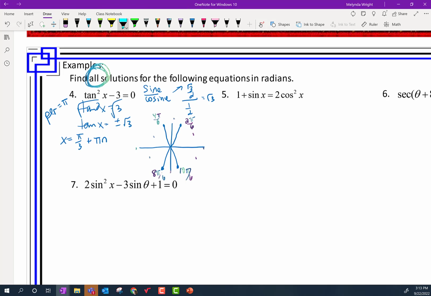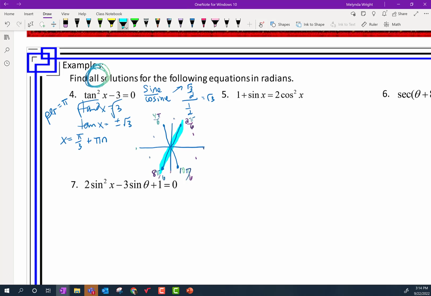Okay, here, if I add pi to 2 pi over 6, I get 8 pi over 6. Both of those answers are included in that one statement, x equals pi over 3 plus pi n. Because pi over 3 plus 3 pi over 3 would be 4 pi over 3, which is what 8 pi over 6 reduces to. So I only need to write that once.